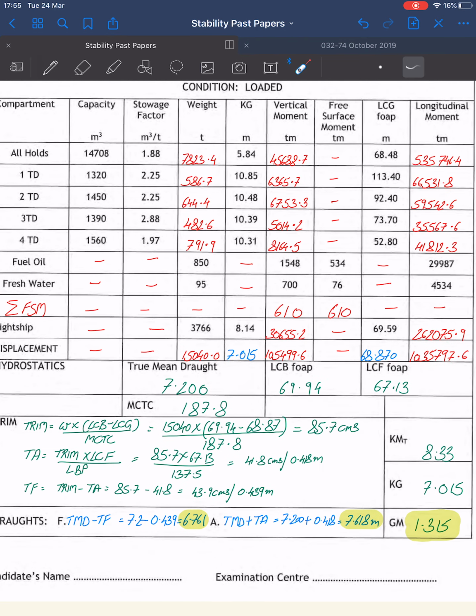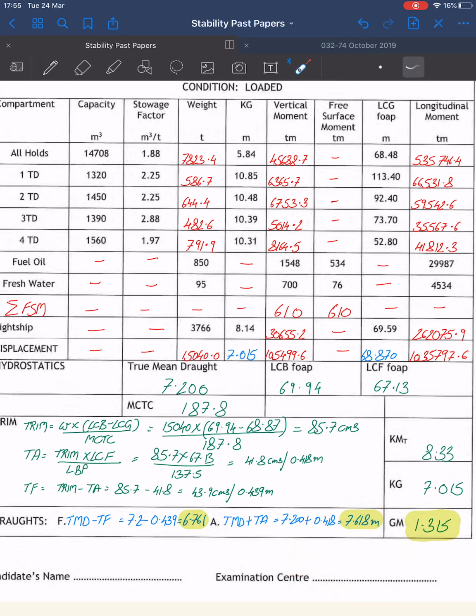If LCB is greater than LCG, that means the vessel is trimmed by stern. If you look at a ship with the center of gravity here and the center of buoyancy here, the vessel is going to trim by stern.